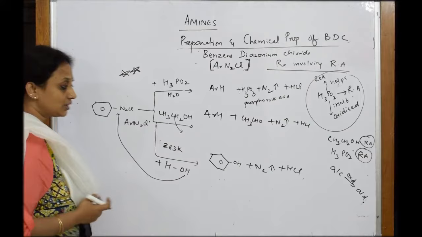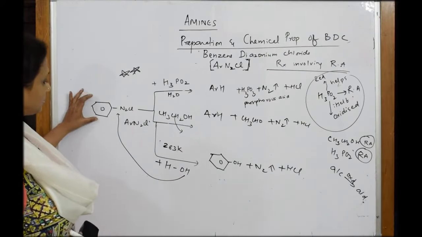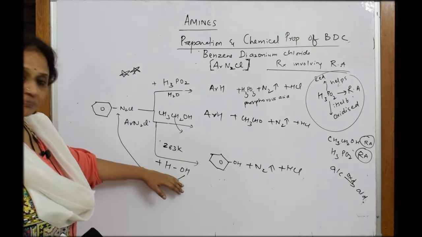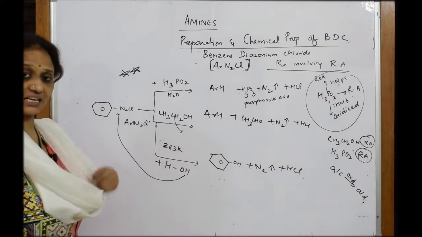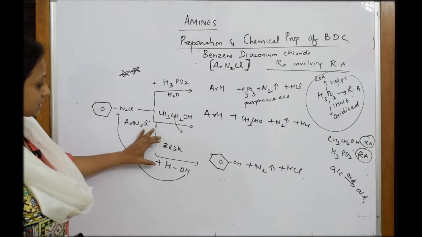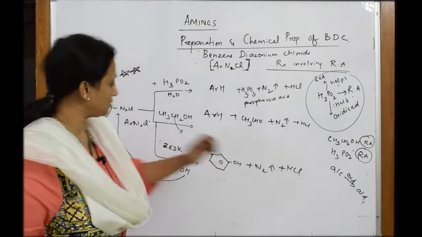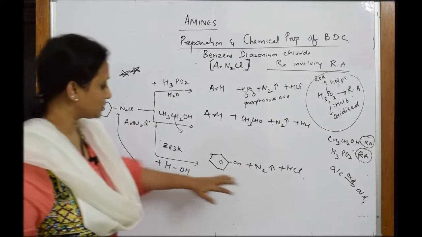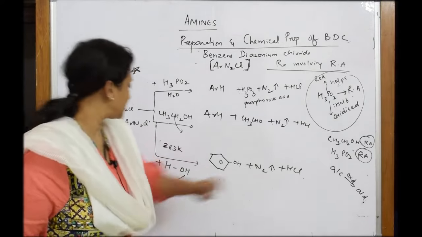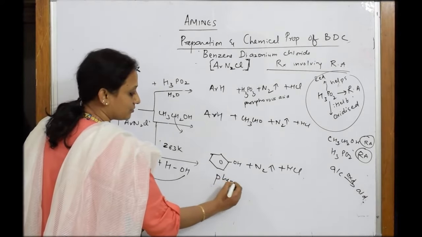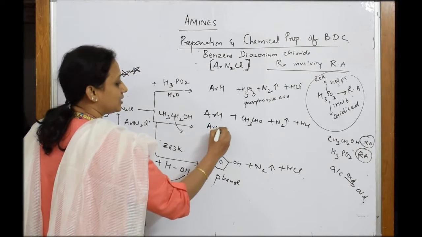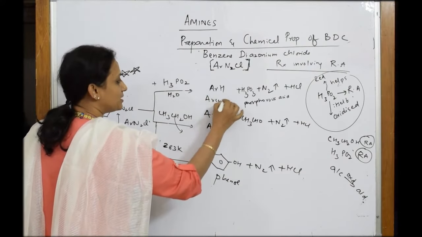What did they ask you? Simple BDC, water. You are hydrolyzing it when you are increasing the temperature to 283 Kelvin. And when you are boiling it, immediately nitrogen gas escapes out. Done. Your Cl comes out with this HCl and your OH replaces that and gets phenol. This is your phenol, this is your arene, this also is your arene, your benzene ring rather.